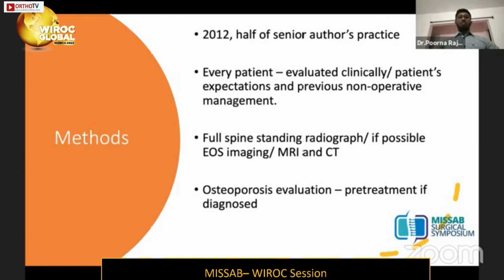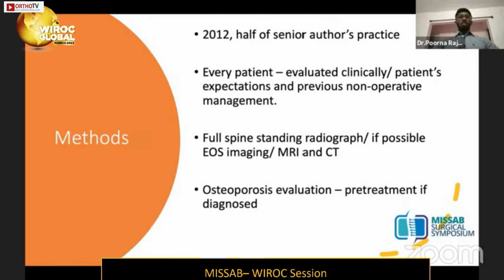They were evaluated again with a full spine standing radiograph, AP and lateral, and if possible EOS imaging, which is from Paris, and MRI and CT also. MRI to evaluate the compression, and CT to evaluate the facet morphology and the bony fusion, and also how much bone stock is available if we are planning a revision procedure.